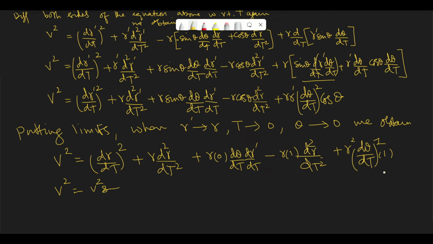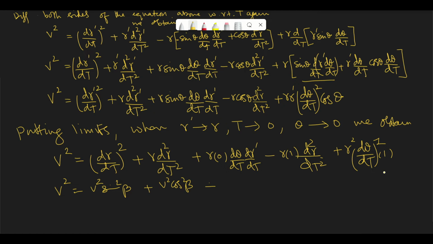So we get v² is equal to v² sin² β plus v² cos² β, because d²r/dt² is equal to v² cos² β over r.